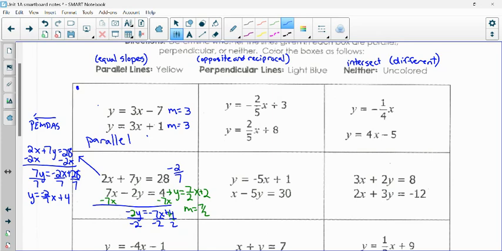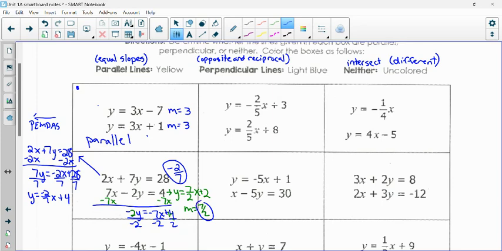So if I have a slope of -2/7 and another slope of 7/2, what do we notice about those? Are they parallel, perpendicular, or neither? Parallel is when they're equal. Remember, one of them is -2/7, and the other one's positive 7/2. Perpendicular, okay?